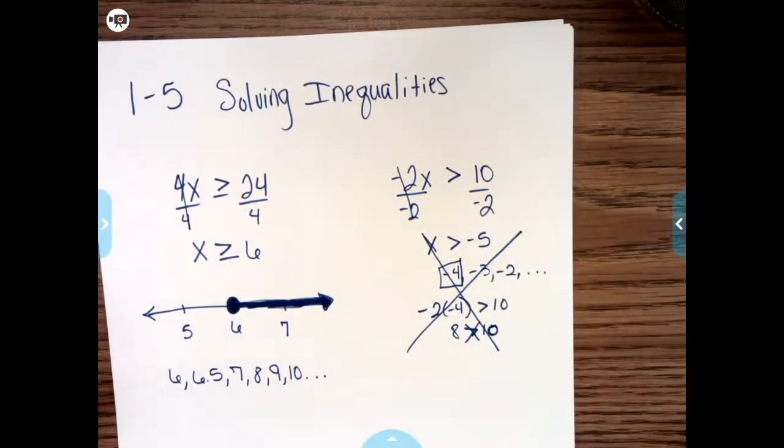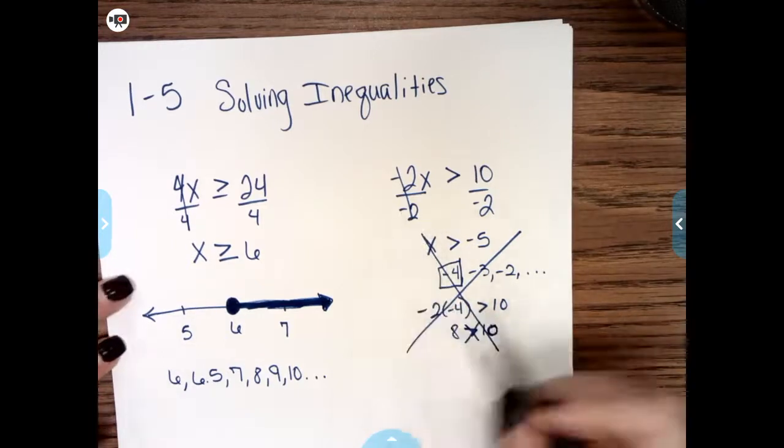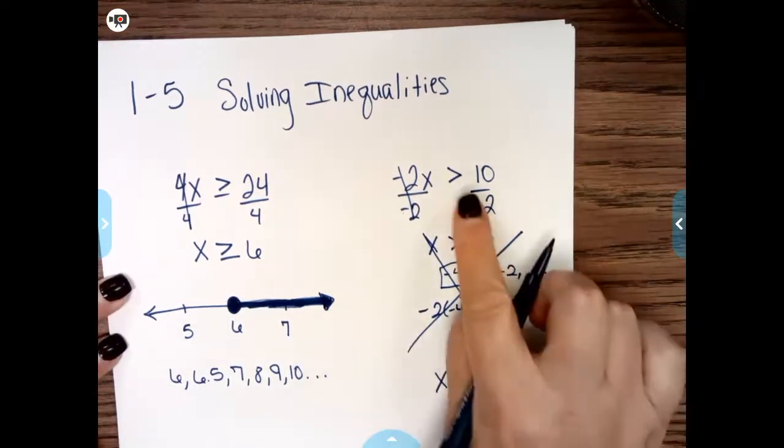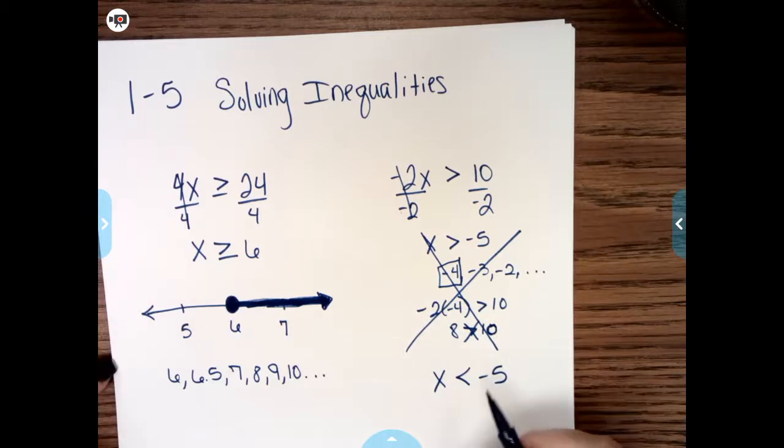So now, let's do what we're supposed to do. If you divide by a negative, the rules say you have to flip your inequality symbol. Now it becomes x is less than negative 5. Now let's check. This time your solutions can be anything less than, so negative 6, negative 7, negative 8.